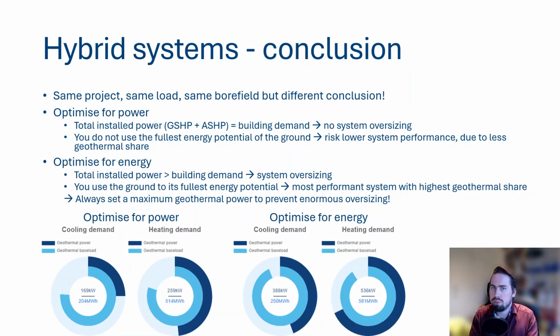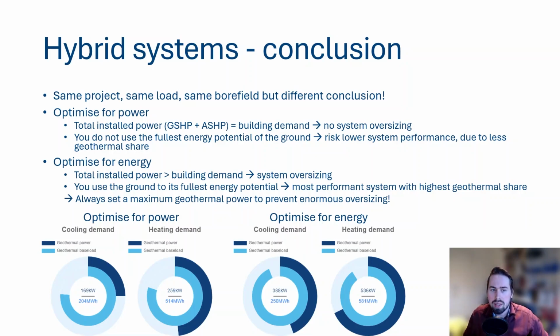So this means that if we want to design a hybrid system, we can be sure we can get this power from our geothermal system, so we just have to install the other required power for the building on our hybrid technology. So there is no system oversizing, which means that this will be the most economical optimization for the borefield if you look at it from an investment point of view.